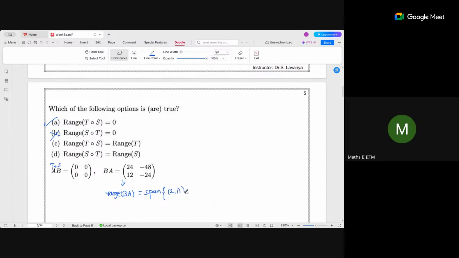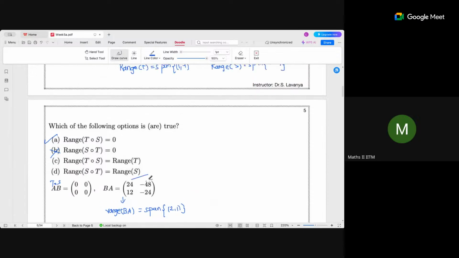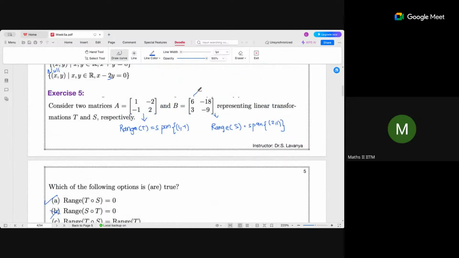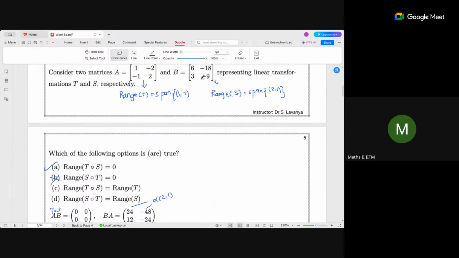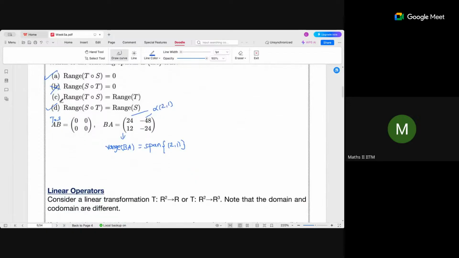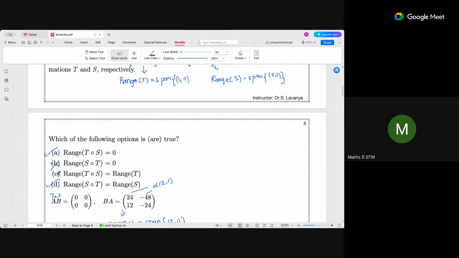Again (2, 1). 24 12 is a multiple of (2, 1). So both are alpha times (2, 1). So the range of S composition T is the same as the range of S in this case. The range of T composition S is already 0, but the range of T is non-zero, so this is incorrect. Is that fine for everyone?